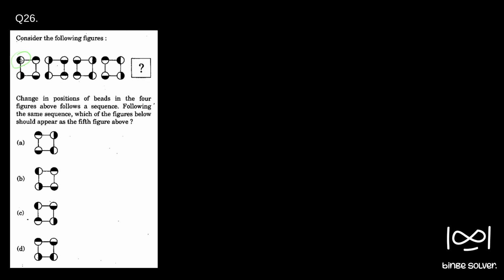It goes from this to this to this to this. All four are different, so the next one will be this again. There is no repetition, so the whole cycle will repeat again.